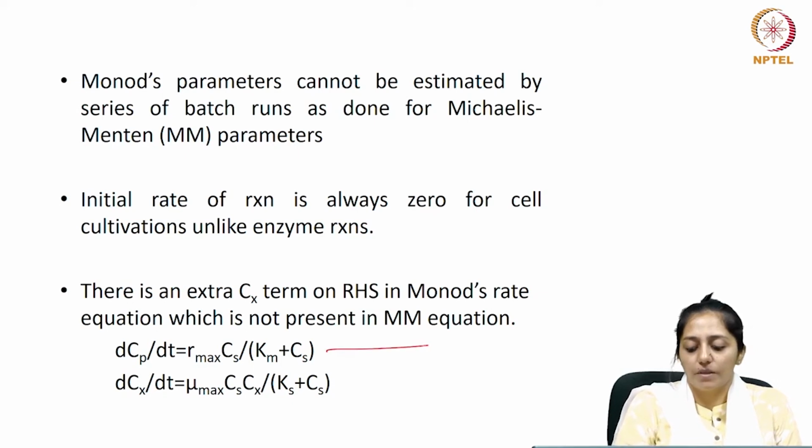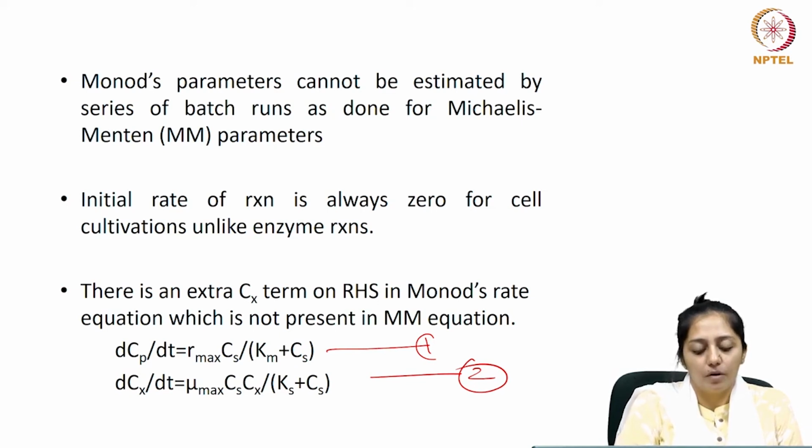So if you see equation 1 and equation 2, equation 2, where we have given for growth rate dCx by dt, it is equal to mu max.